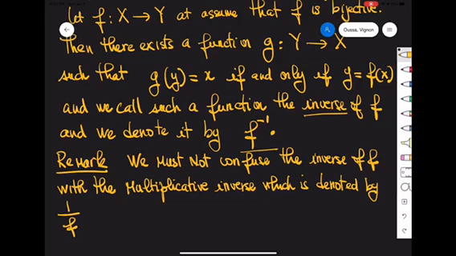Okay, this is really important. This inverse here is not the same as the reciprocal. This is a function which is obtained by this characteristic. f inverse of y is x if and only if y is equal to f of x.